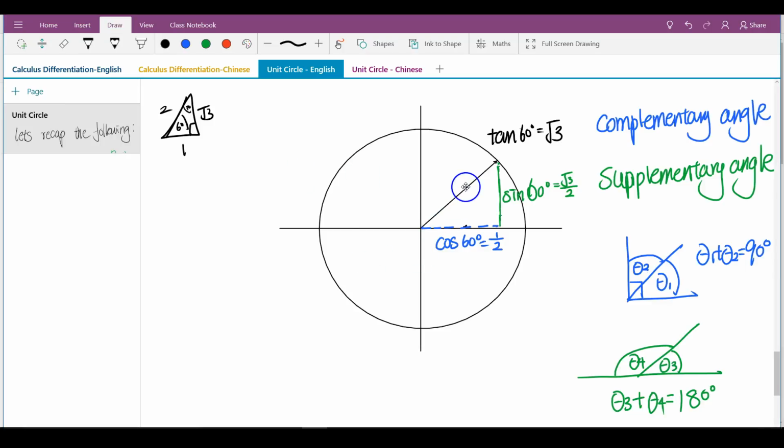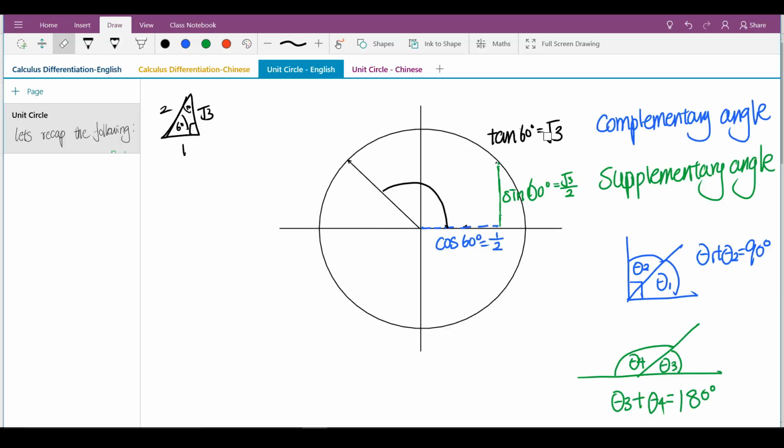So what happens if we draw a new arrow, and do it that way, and now we are asking for this particular angle?